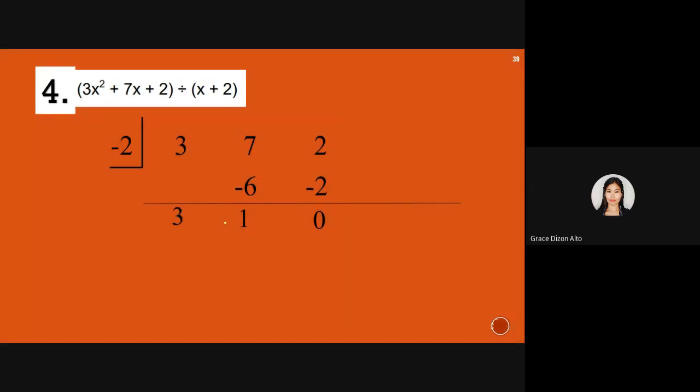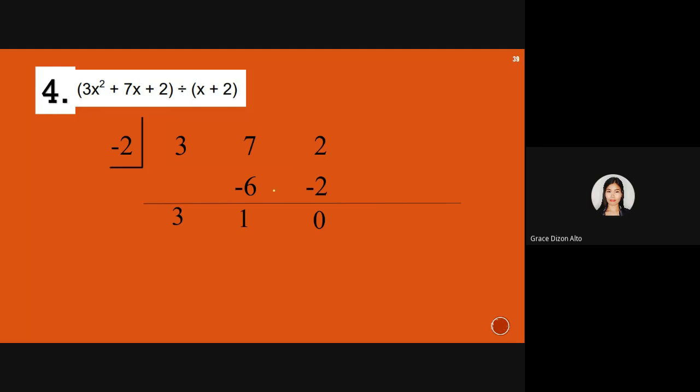Let's proceed now to number 4. 3x squared plus 7x plus 2. So let us check. It is already arranged in descending order. Bring down 3, bring down 7, and bring down 2. The value of a is -2.